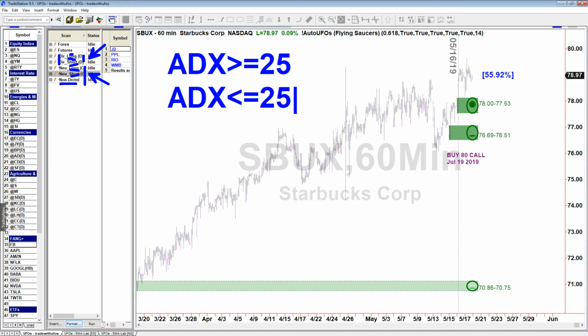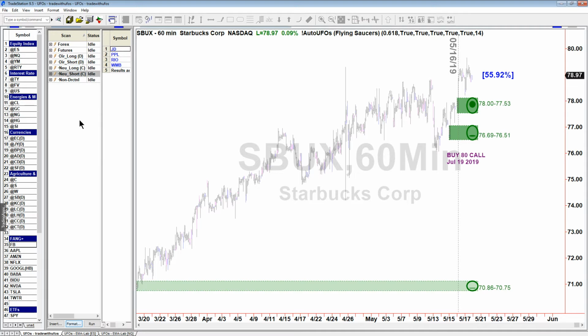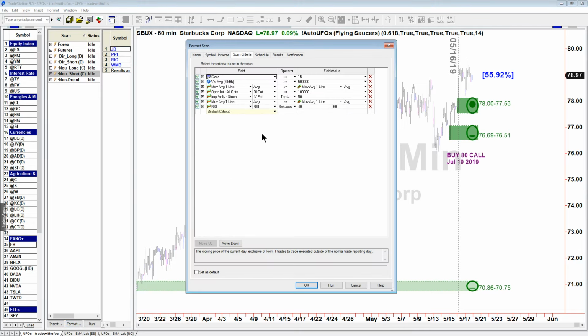In other words, what you don't want for the neutral is a strong trend. It's okay for the market to be trending, but you want the trend to be weak. Weak means less than 25, right? And the non-directional, as I said, doesn't care if it's up or down, but certainly looks at ADX to be less than 25, because you don't want the market to be trending strongly when you are doing non-directional. So this is the summary of what all those figures mean.